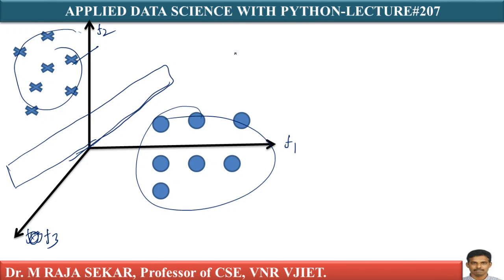If you observe strictly, in 2D we are able to separate data points with a line, whereas in 3D we are able to separate data points with a plane.